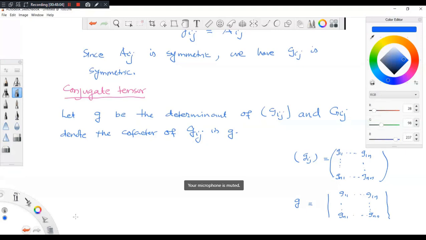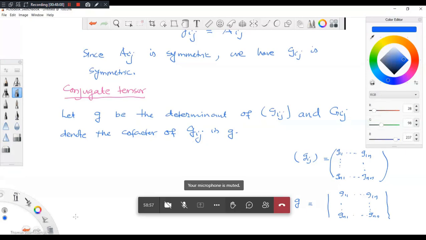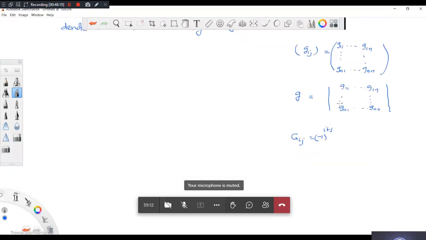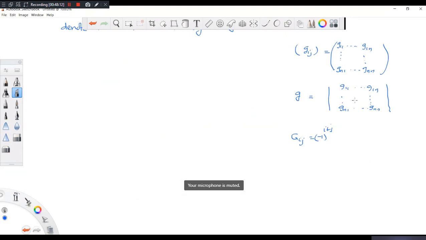You know what is cofactor? Row and column you remove it. Okay. Gij, suppose gij is coming somewhere here. That row and column you remove it, then you find the determinant. See, for example, G11 is equal to minus 1 raised to 1 plus 1 into determinant.